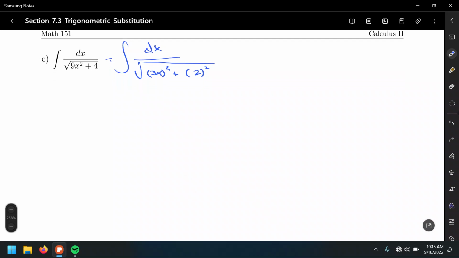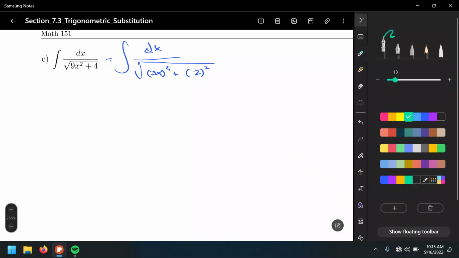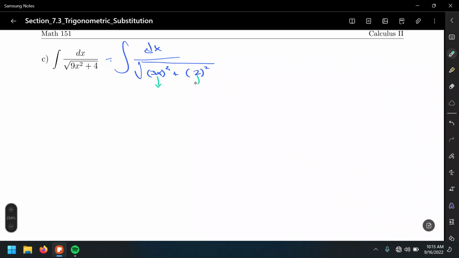Now, coming back to what the Pythagorean theorem represents, the way we analyzed last time, what do these two terms represent? Is one of those terms representing the hypotenuse of the triangle this time? What are they representing this time? Both of them are the sides, right? So does it matter which side? Well, it doesn't matter. Again, my advice is to have the term that contains the variable be the opposite to the angle.